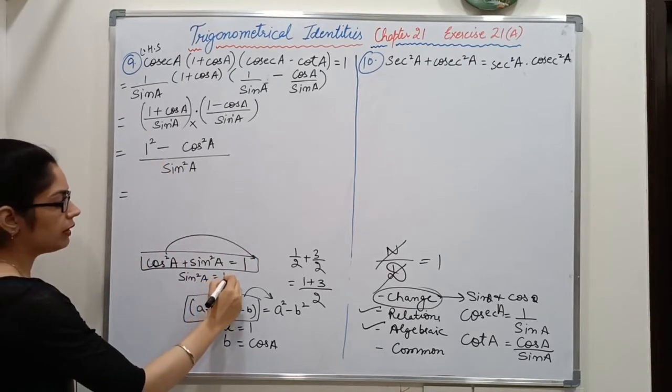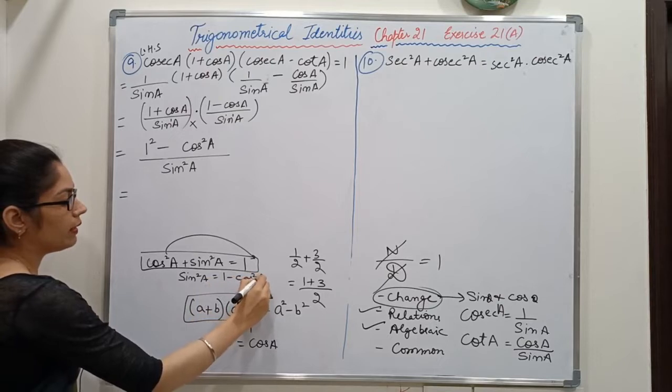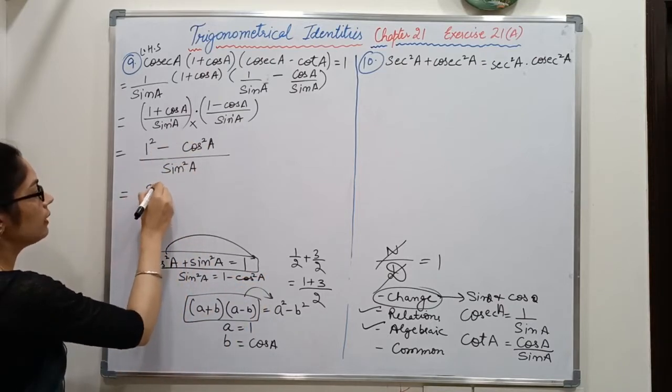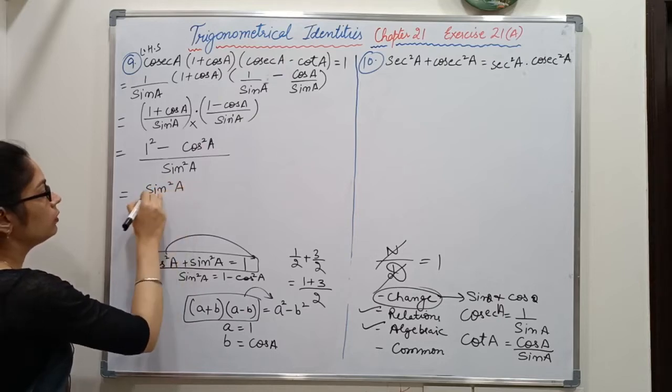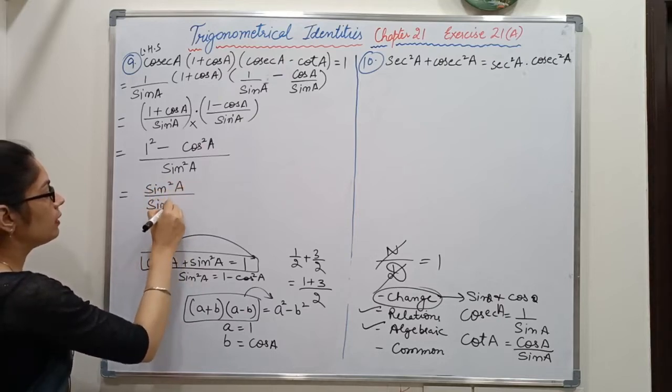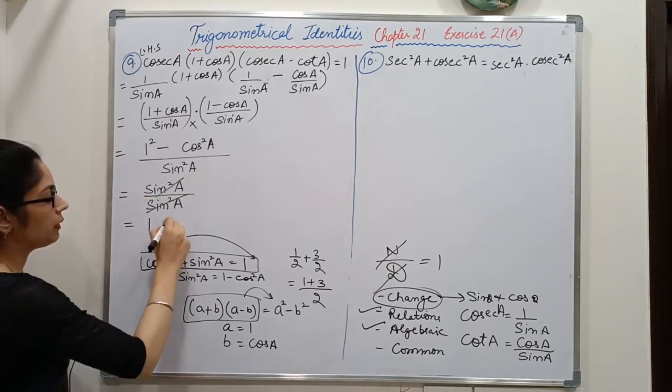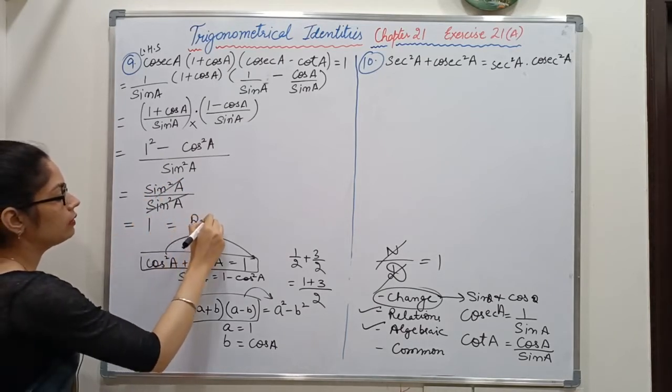So sine square A equals 1 minus cos square A. That means 1 minus cos square A is sine square A. So sine square A by sine square A will get cancelled. The answer is 1, which is also equal to our right hand side.